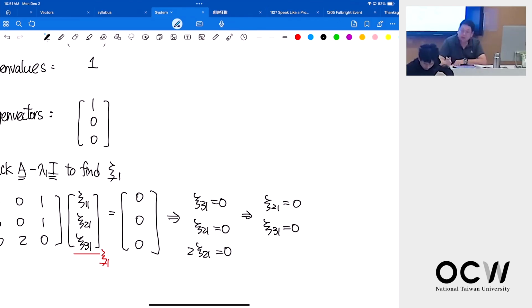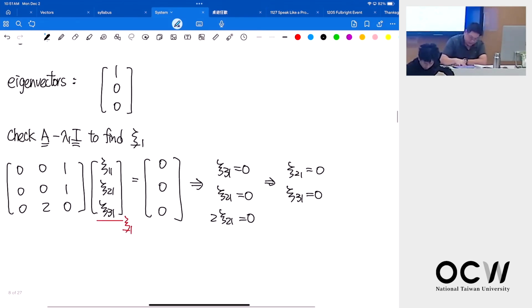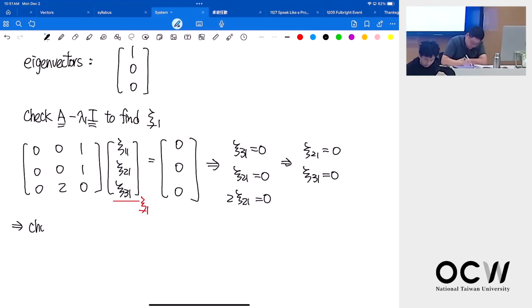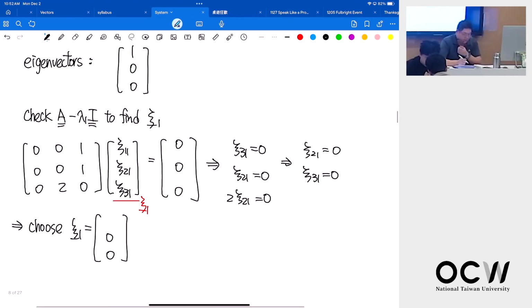Okay. So I can choose c1: the second one and third one should be 0, and the first one whatever you want. For simplicity, I choose 1. You may also choose the first element as square root of 2, minus 100, or pi, whatever, as long as it is not 0.